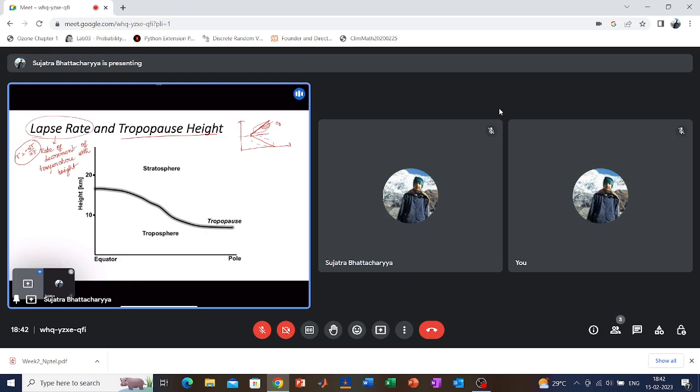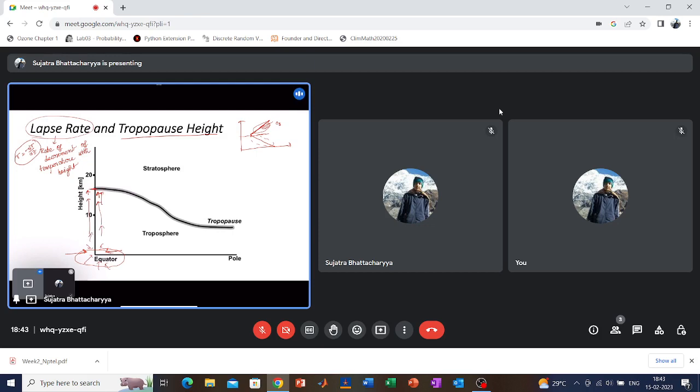The question is why this tropopause height at the equator is very high and at the poles it becomes very small. The reason is that in this equatorial region most of the winds converge from all sides, as a result of which strong convective activity takes place, and the vertical upward motion of the winds is very strong, so the tropopause height is lifted upward.